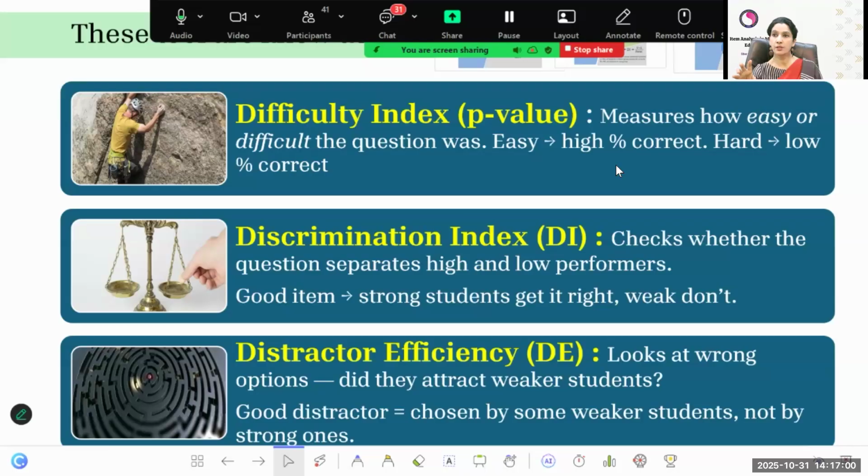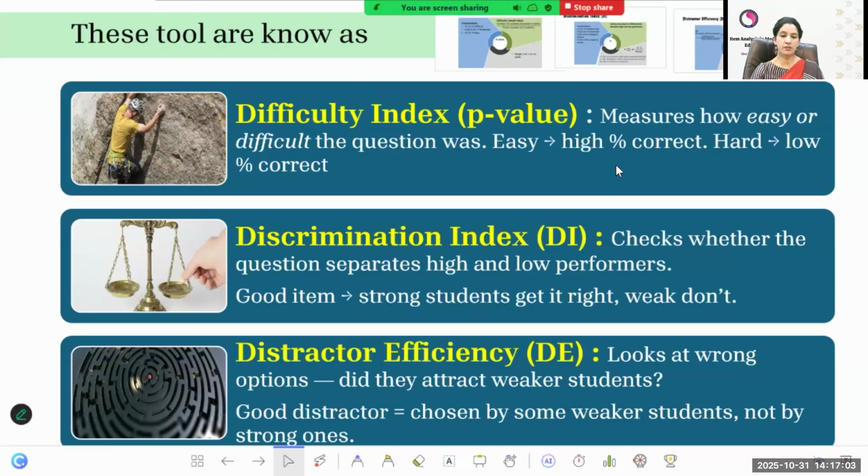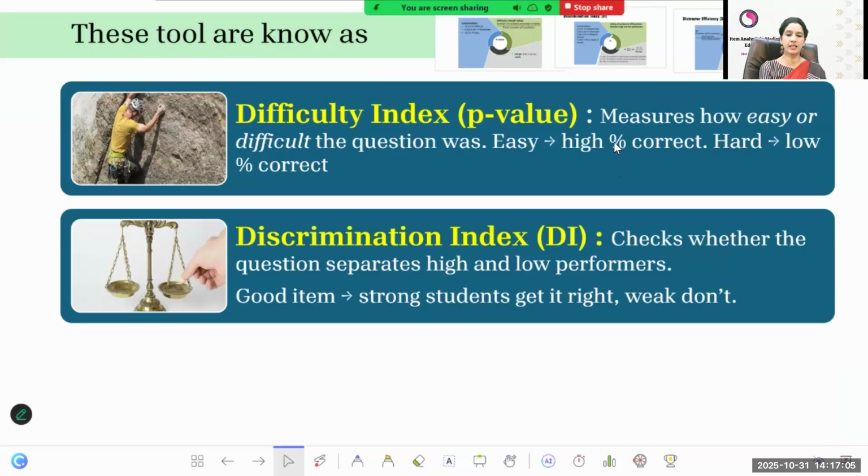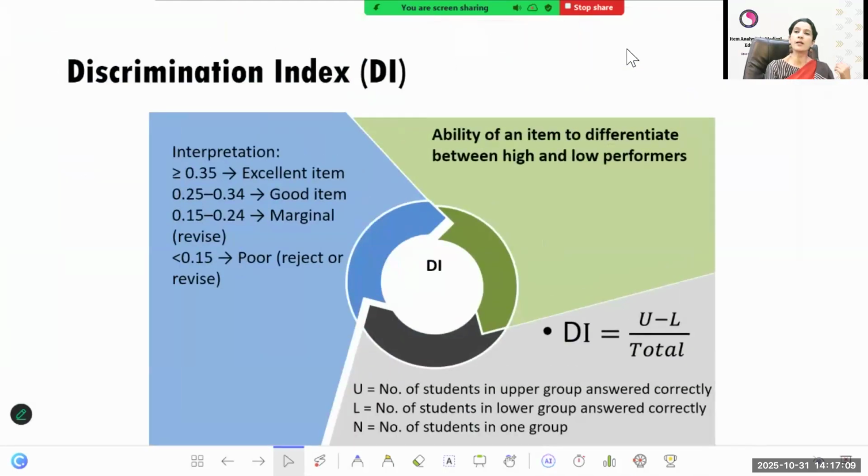Okay, Dr. Monisha, the DI cutoff. If you see the discrimination index, generally the cutoffs are like this: if it is more than 0.35, then it is an excellent item. If it is between 0.25 and 0.34, then it is good. But less than 0.2, generally, we will again talk about this, Dr. Monisha.